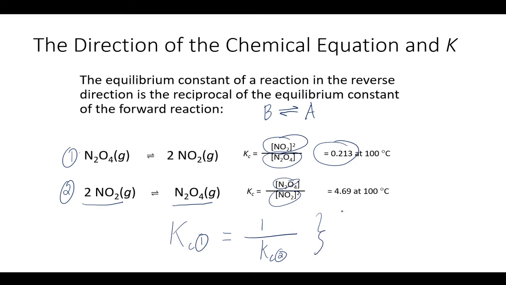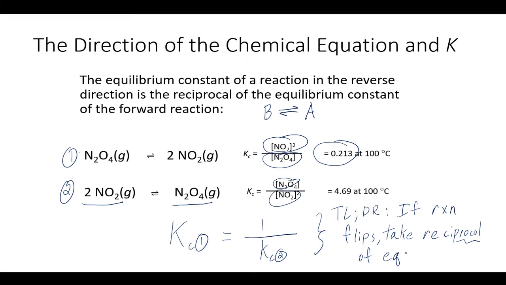Basically, TLDR: if a reaction flips, take the reciprocal. Spelling will not be graded. Take the reciprocal of the equilibrium constant.